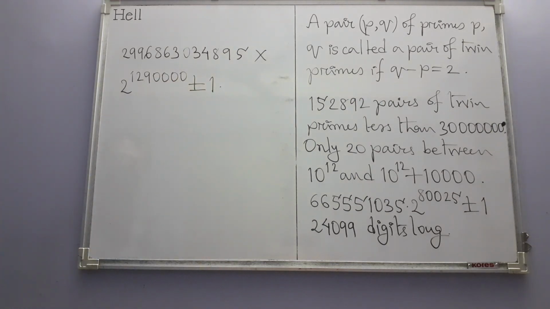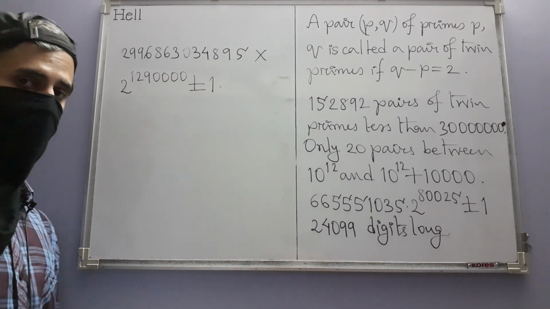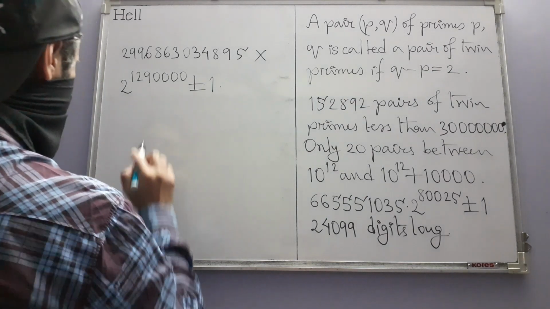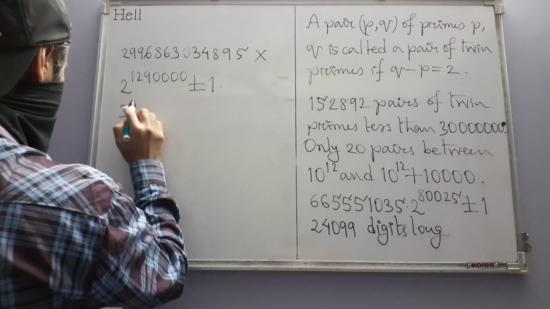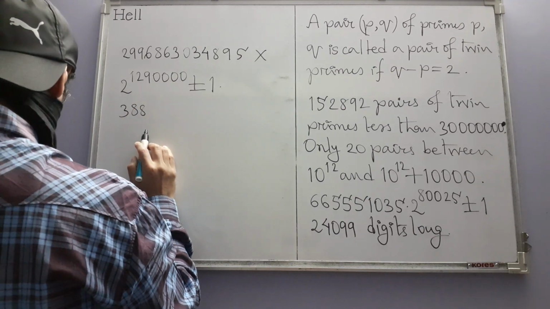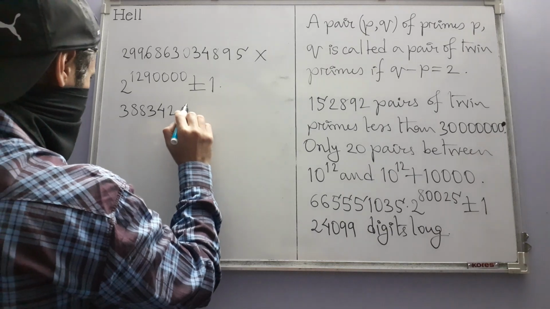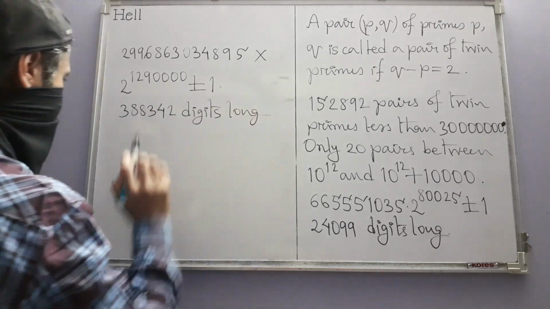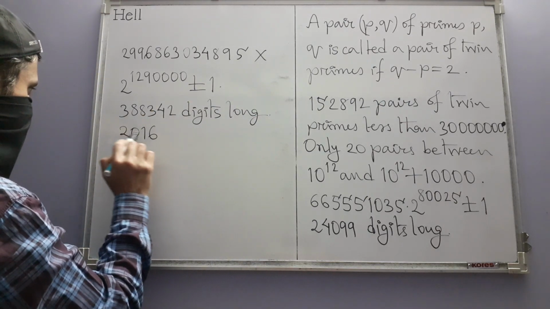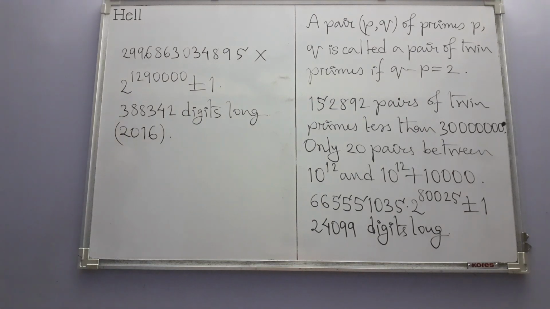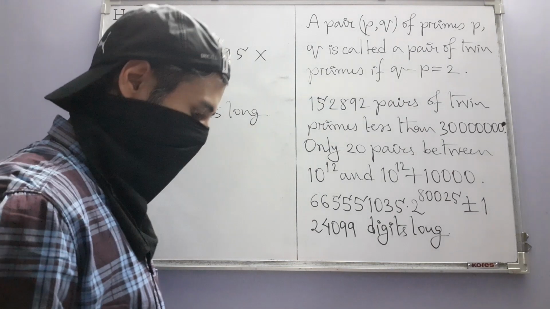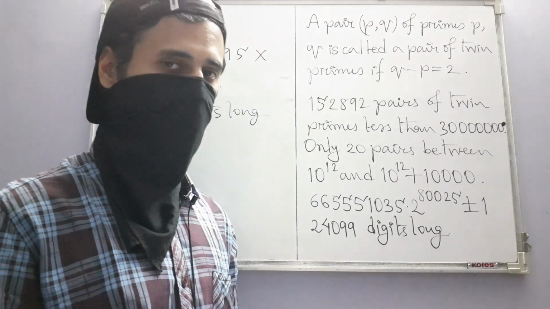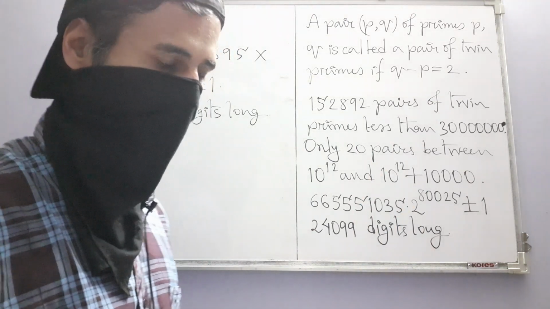This is, as far as I know, the latest pair of twin primes, and each number is this many digits long. It was found in 2016. In fact, I think Terence Tao himself is also trying to settle the twin prime conjecture.